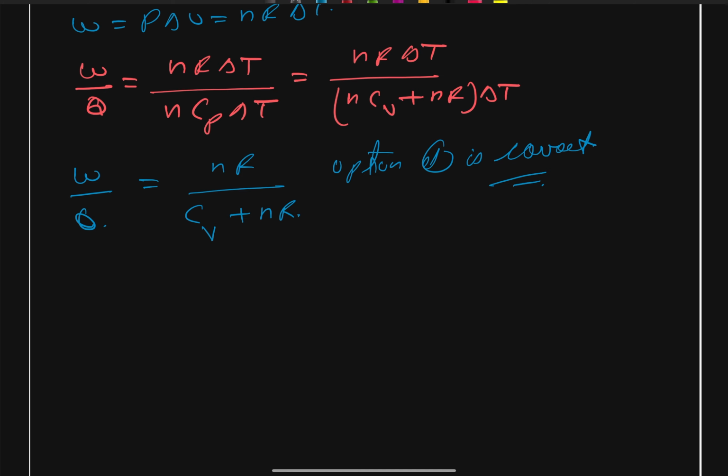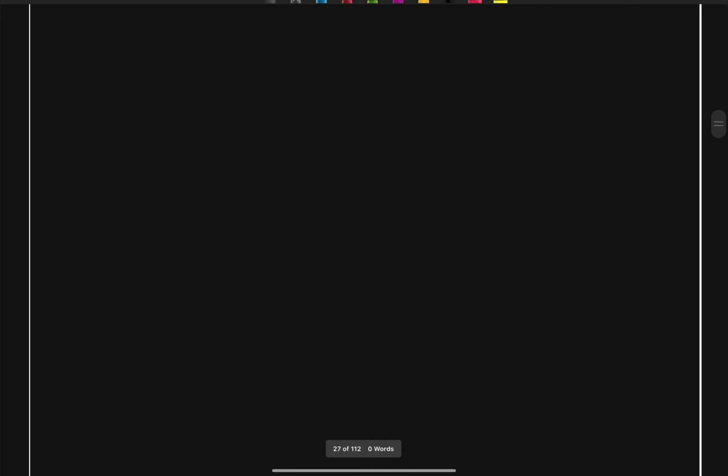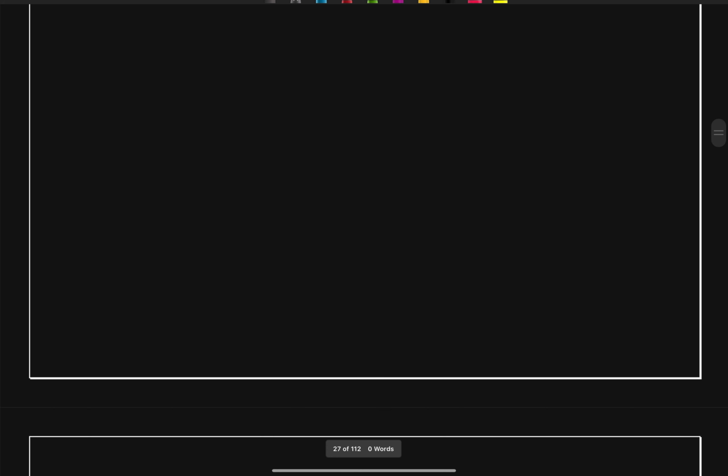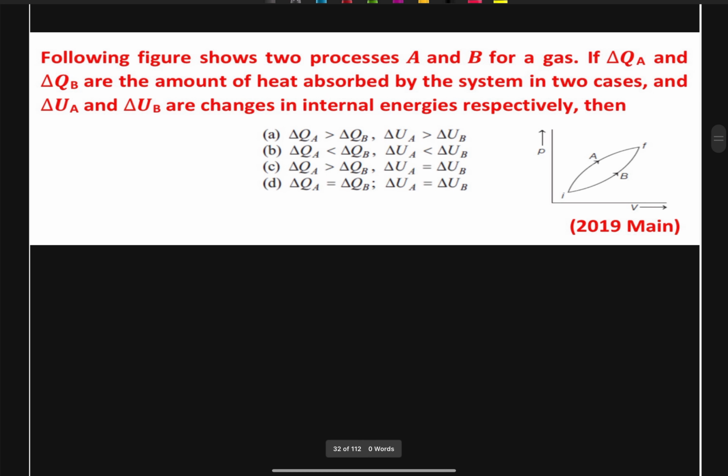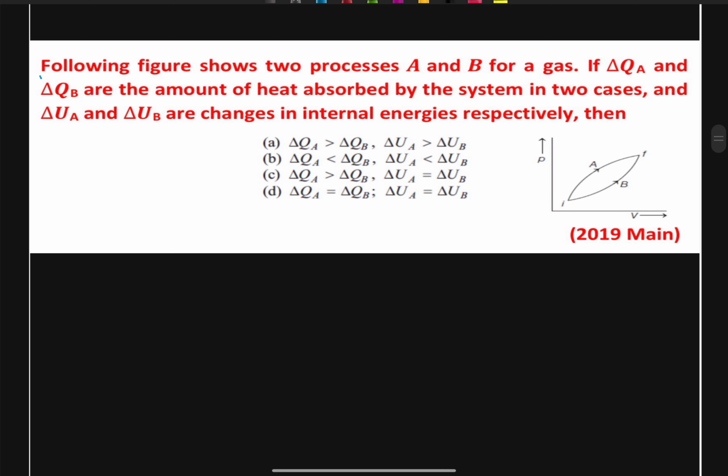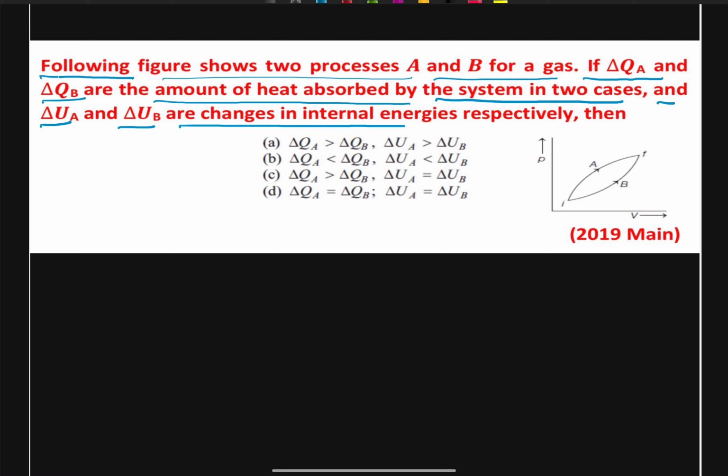Next question. It states that the following figure shows two processes A and B for a gas. If delta QA and delta QB are the amount of heat absorbed by the system in two cases, and delta UA and delta UB are the change in internal energy respectively, then we have to find out what will be their respective relationship.